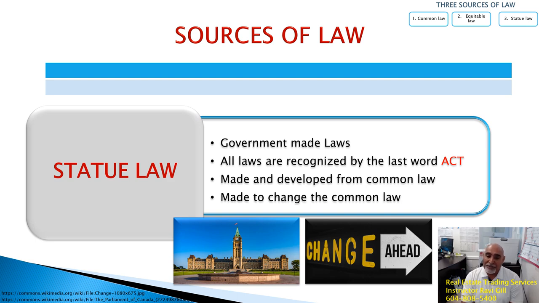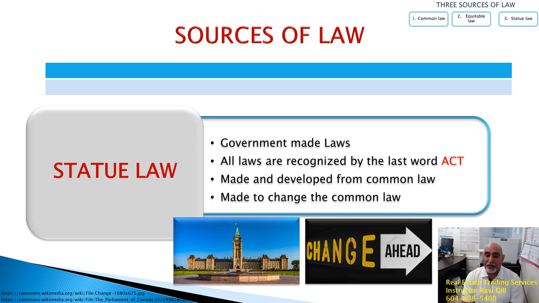Statute law is made and developed from common law. Whichever common law the government feels is not doing the job of today, they will change the common law, and that will be the statute law.